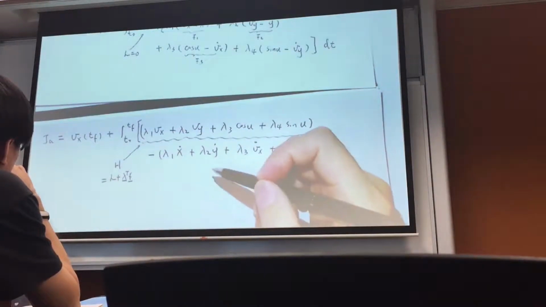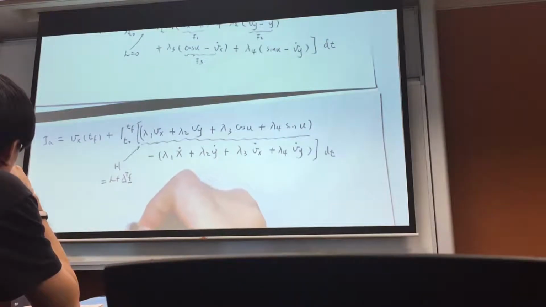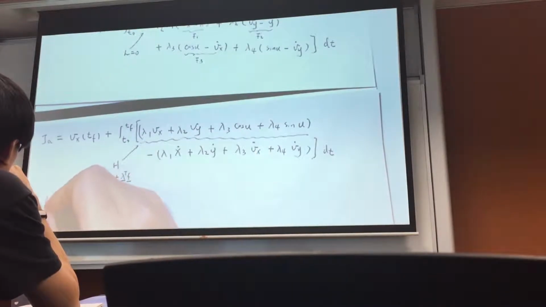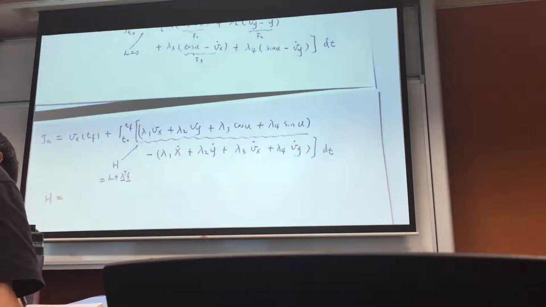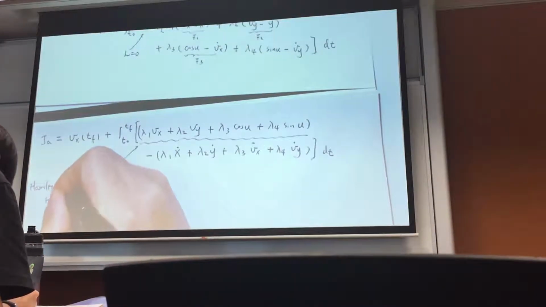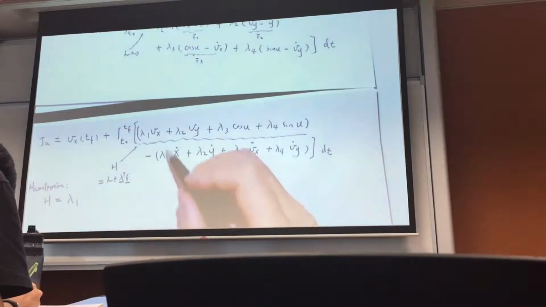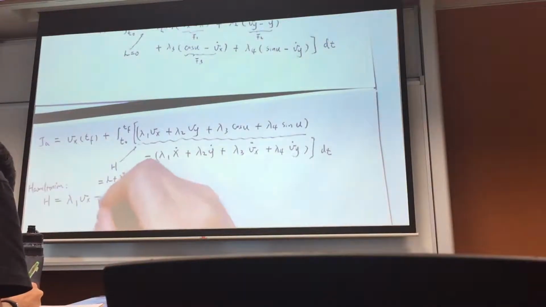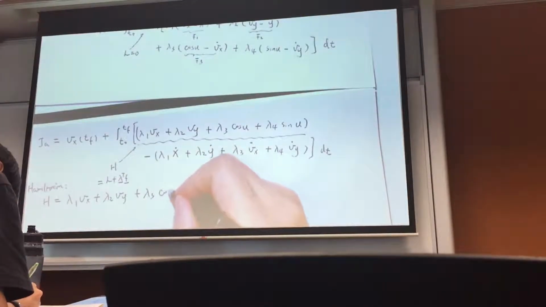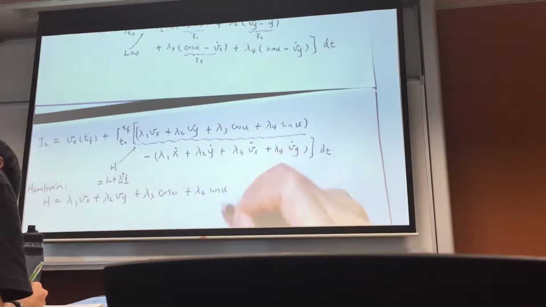But here, I will not derive all the equations again. So we just use the Euler Lagrange equations. From these equations, we know the H is the Hamiltonian. This Hamiltonian is given by lambda 1 Vx plus lambda 2 Vy plus lambda 3 cosine u plus lambda 4 sine u.